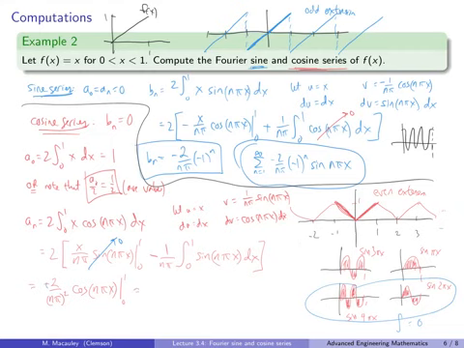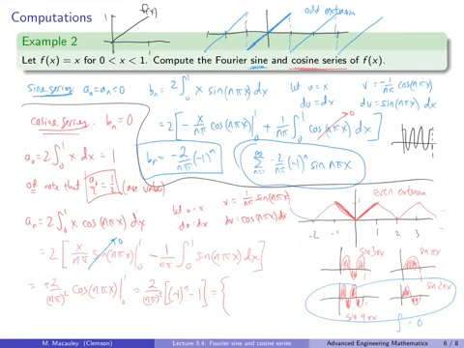So cosine of n pi x is cosine of n pi. Hold on. That's negative 1 to the n, and then cosine of 0 is 1. So this is 2 over n pi squared times negative 1 to the n minus 1. And if you prefer, we can write this as two cases.